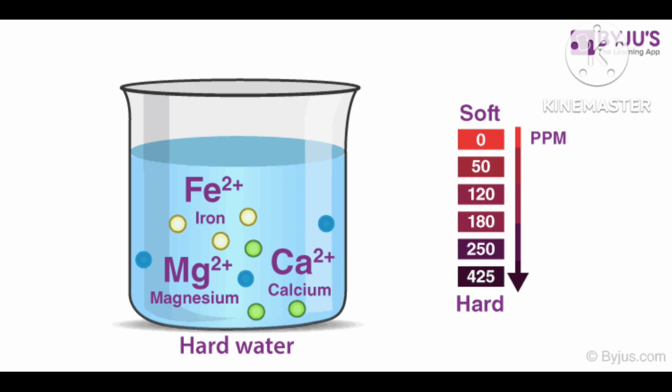Means you want to remove the positively charged H from RSO3H. Then how will you remove it? It can be removed by treating it with NaCl. Then in the place of H, Na will come and it will form RNa.